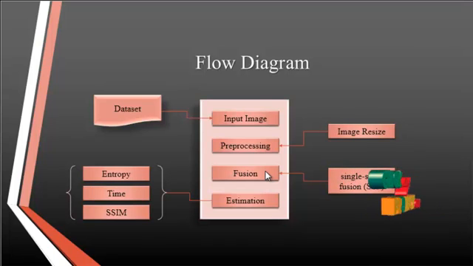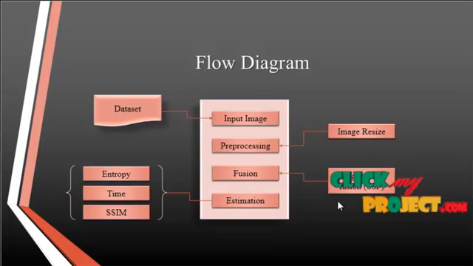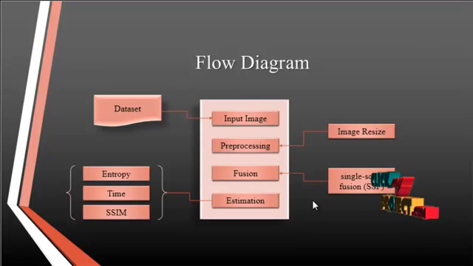In the fusion process, the image will be enhanced by using the algorithm single scale fusion, that is known as the SSF. By using this algorithm, the image will be enhanced and the data will be obtained as an enhanced output. After getting the enhanced output, we have to estimate the parameters like entropy, time, and SSIM.